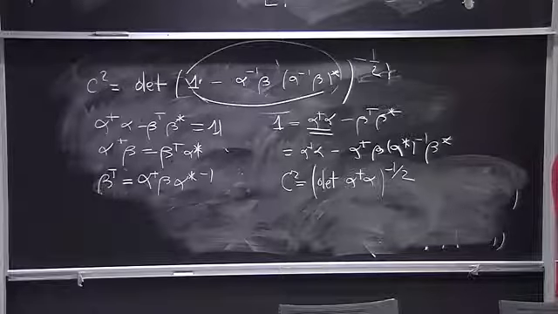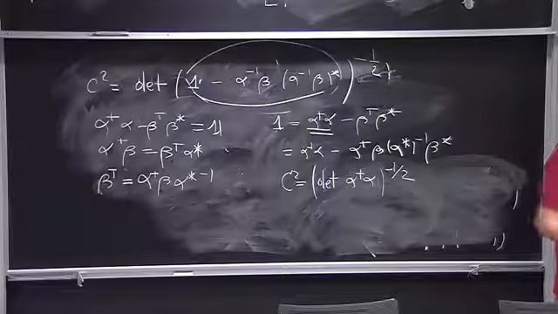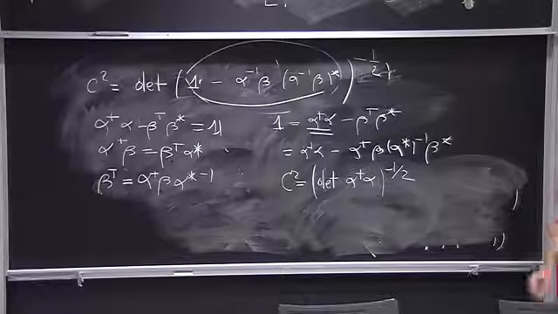So the transformation is unitary implementable if you create a definite number of particles. It is not if this number of particles diverges.